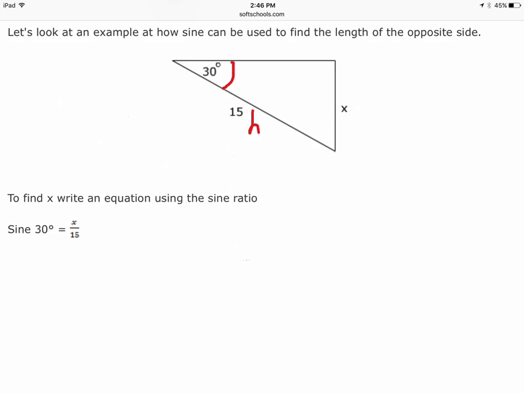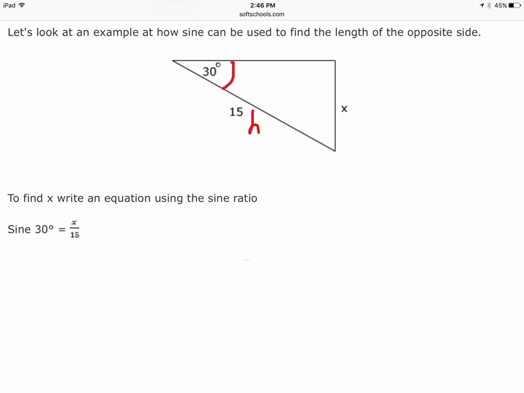Now, as I tidy that up, we can see that we need to figure out what the sine of 30 degrees is. On your calculator, you may need to press sine first and then 30, or you might press 30 and then sine, depending on whether your calculator displays as you input numbers or not.